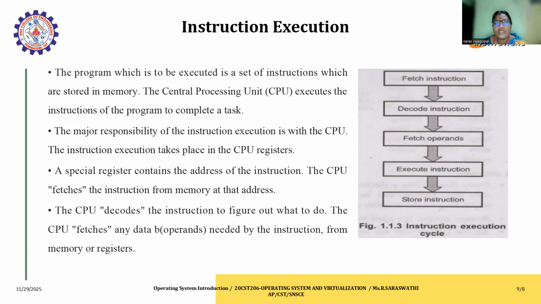The second one is decode instruction. The instruction will be converted into a system understandable format, that is assembly code. Next one is fetch operand. The variables, that is the operands, available in that particular instruction will be fetched in that instruction cycle, and then execute the instruction, and stop the execution.